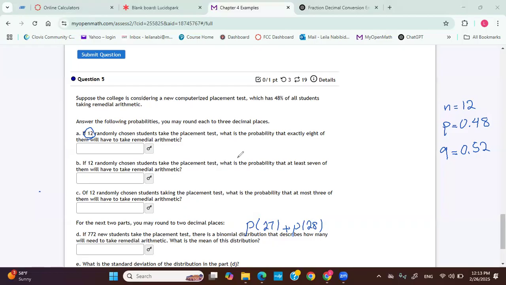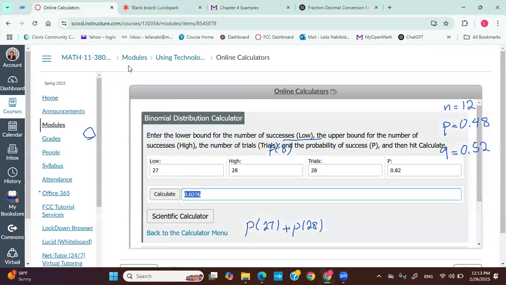The first part says, if 12 randomly chosen students take the placement test, what's the probability that exactly 8? Exactly 8 means the probability of 8. Going back to the online calculator, I want to find the probability of 8, which means the lower and the higher number in this interval are both 8.